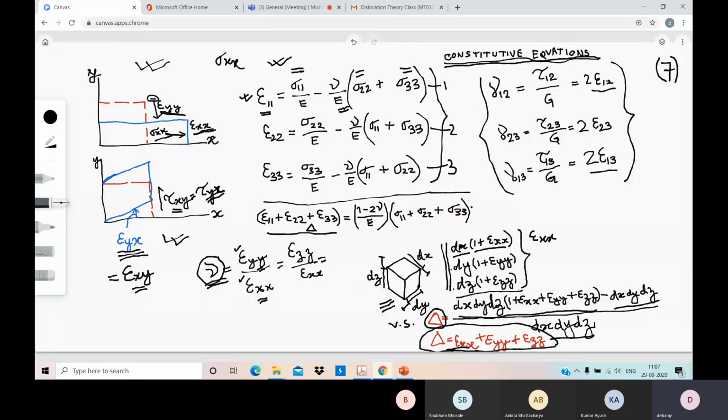If you divide this term by 3, that gives you the hydrostatic stress. The average of the normal stresses is the hydrostatic stress. So (sigma 1 plus sigma 2 plus sigma 3) by 3 is your hydrostatic stress. Since you have divided by 3 here, you have to multiply by 3 here.